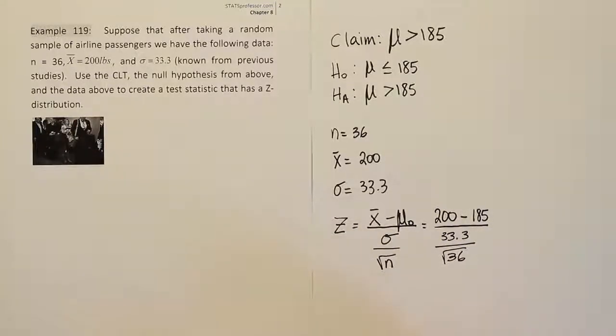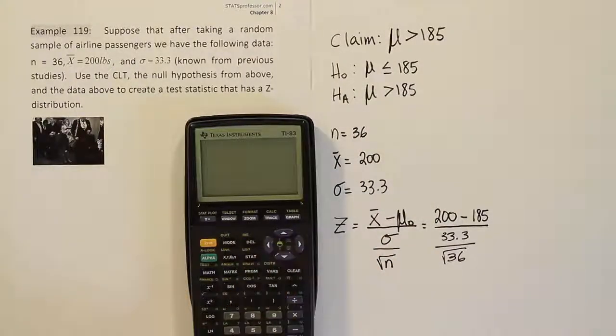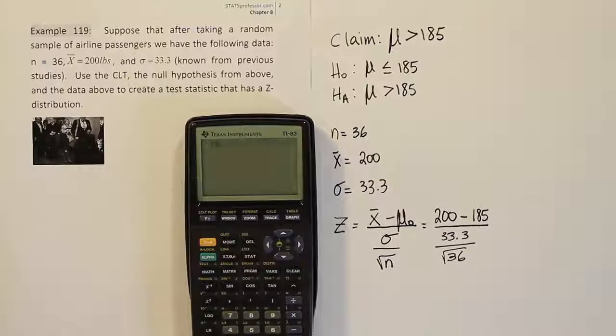I'm going to work that out in a minute and see what it turns out to be. So I have our calculator up, and I'm going to show you how to do it all at once. You can put the parenthesis here and put 200 minus 185, close that parenthesis up, then divide by, open a new parenthesis, put 33.3, and then divide by the square root of 36.